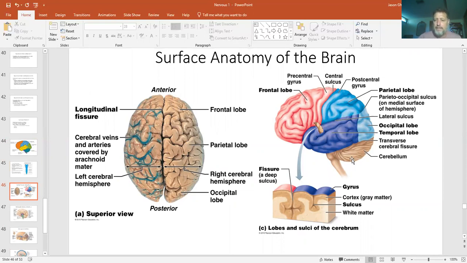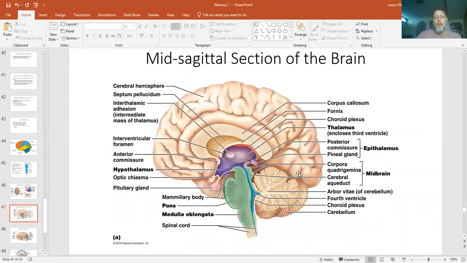Down here is, again, that cerebellum, which is coordination. And they're showing you the gyrus on top, sulcus on the inside. Here's the internal view of the brain. There's your thalamus, here's your hypothalamus. The hypothalamus communicates a lot with the pituitary gland.